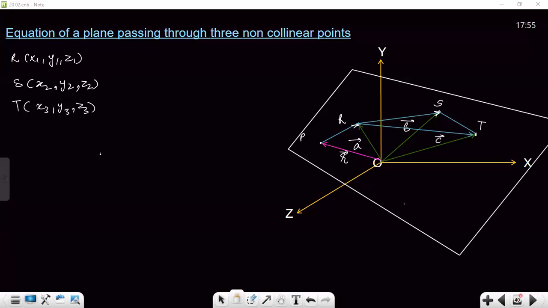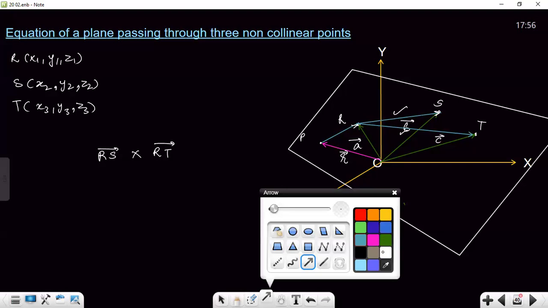If I take the cross product of RS vector and RT vector, then the resultant will be perpendicular to both RS and RT. Let me draw that resultant vector with this red color.